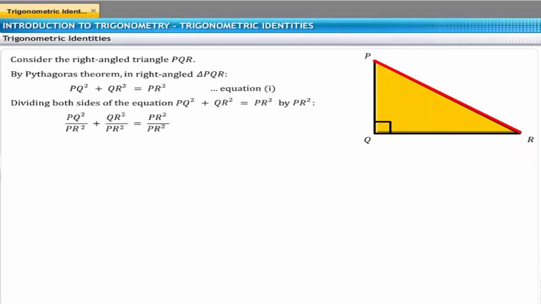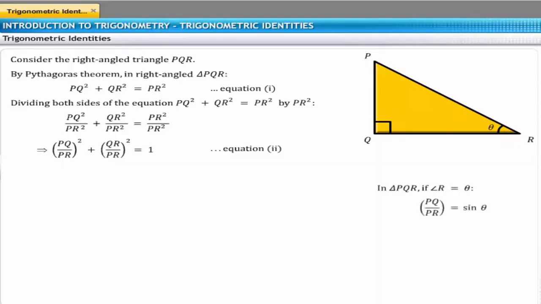Since the numerator and the denominator are the same, the right-hand side of the equation becomes 1, and we get equation 2. If angle R in triangle PQR is equal to theta, then the ratio PQ upon PR is equal to sin theta, and the ratio QR upon PR is equal to cos theta.